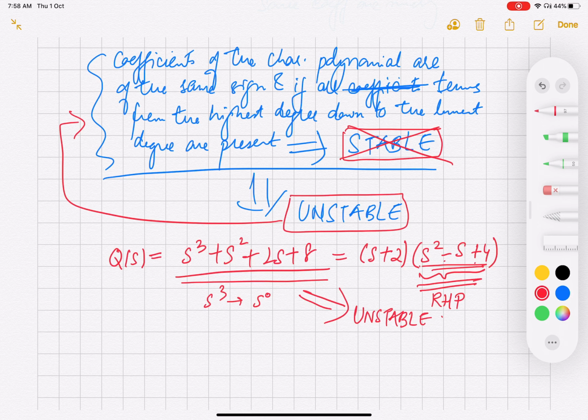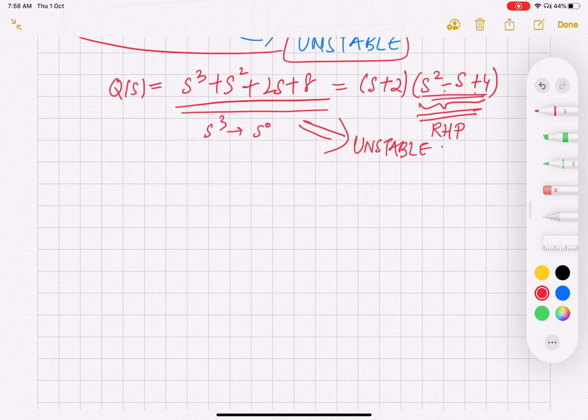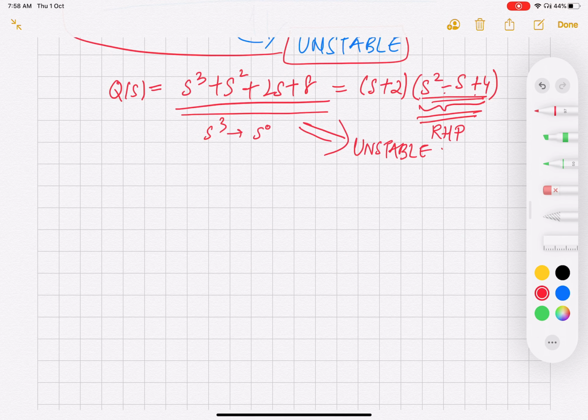These are actually necessary requirements for stability, but not sufficient, right? So basically, why are we doing this? We are doing this so that we are able to see whether the system is stable or not by just looking at the coefficients of the characteristic polynomial, right?